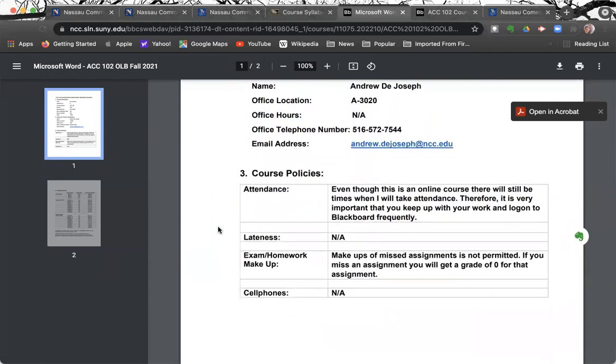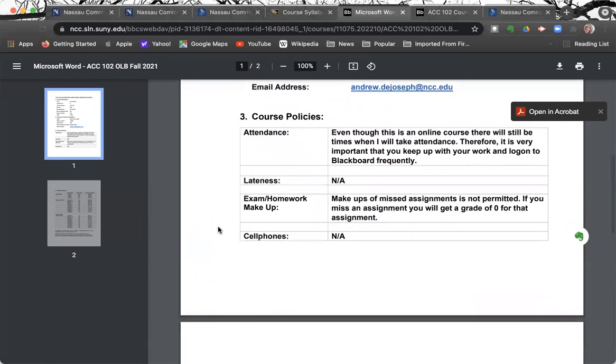And this is just some course procedures, for example. Now, this is an online course. So you say, why would you have an attendance policy? Well, there are several times during the semester that I'm required to take attendance. It has to do with your financial aid, if you're getting financial aid. To be eligible to get financial aid, you have to regularly attend class.